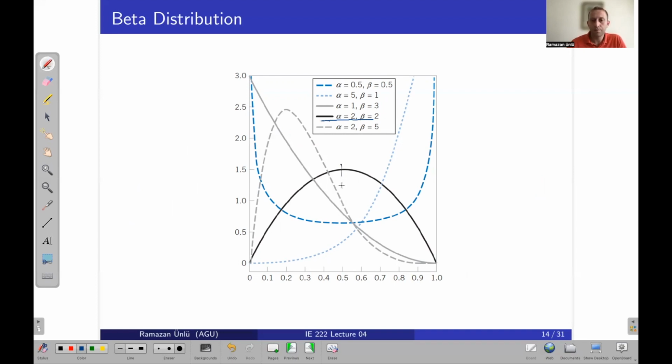So here, that will be the symmetry. This region here will be the same, okay? But it is possible to get infinite shapes of this distribution by changing the parameters.